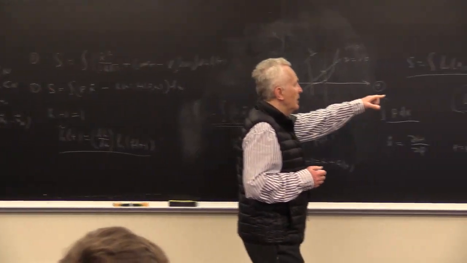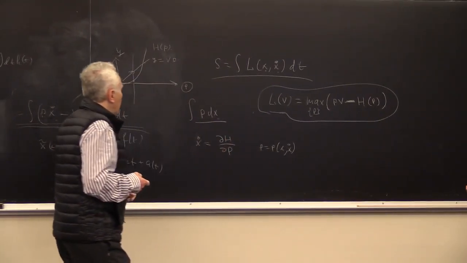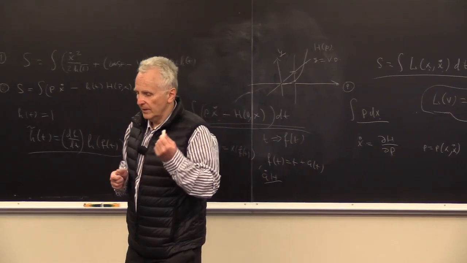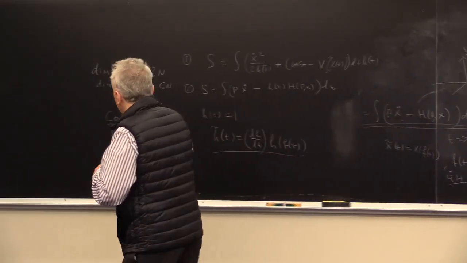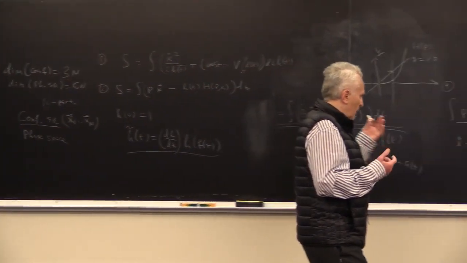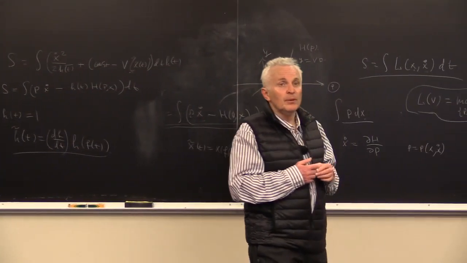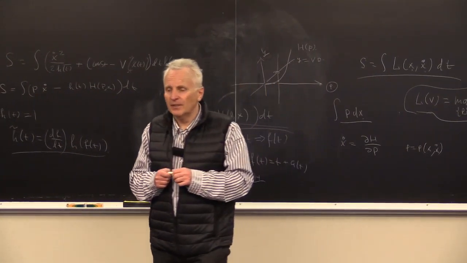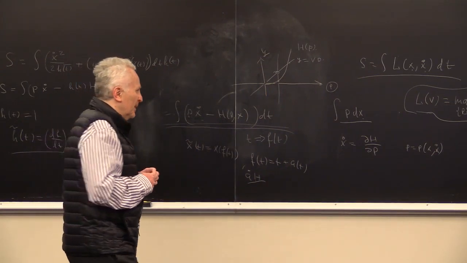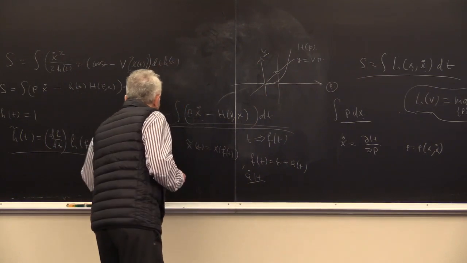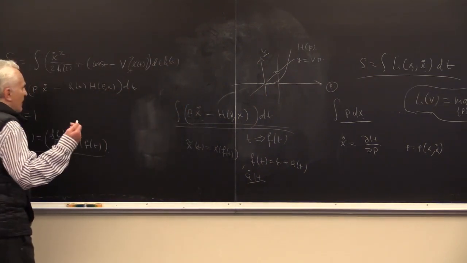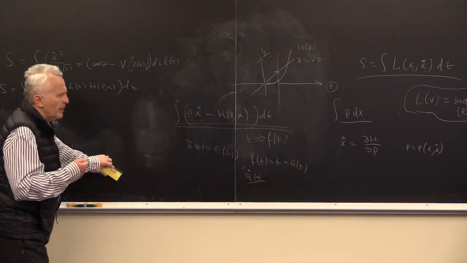And if we want it to be one-to-one, we need Hamiltonian to be convex function of momentum. But if in some problem you find that the Hamiltonian is not convex, it's not the end of the world. You still can work with it. Sometimes this convexity breaks down, but typically it is there.